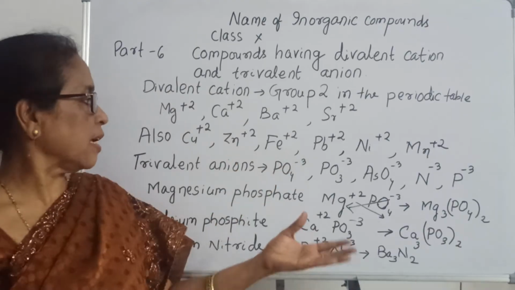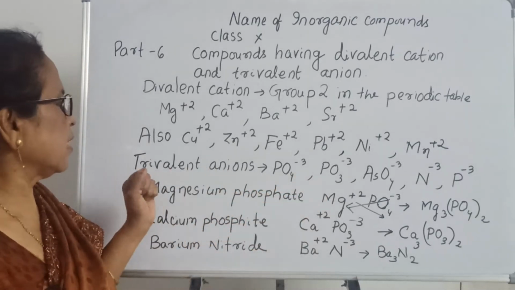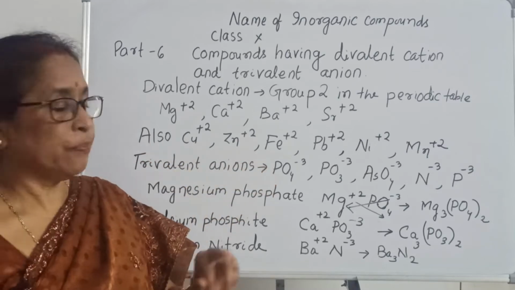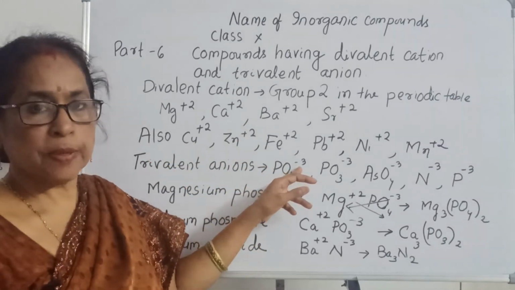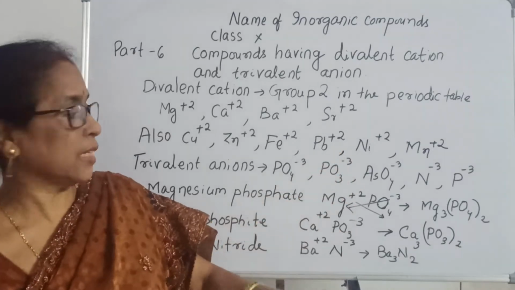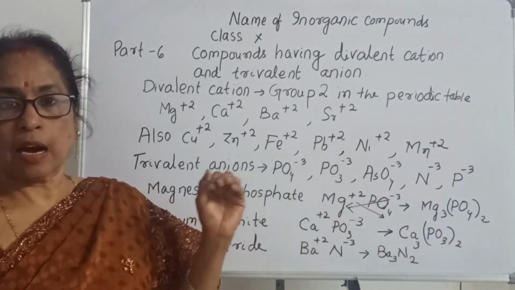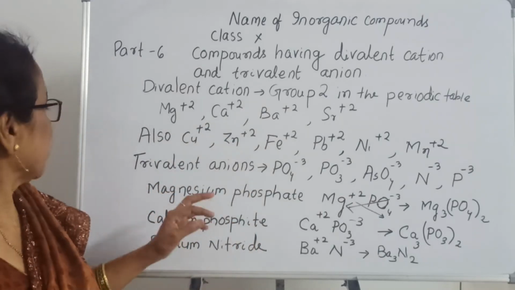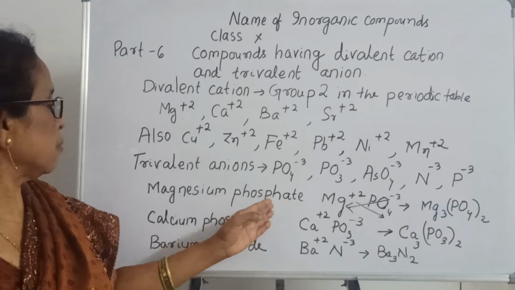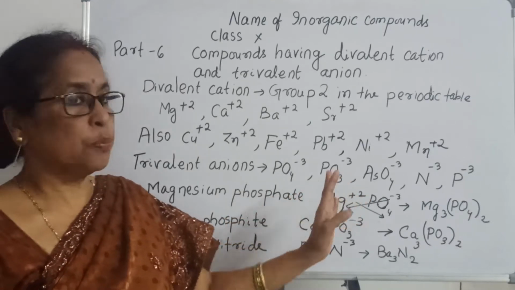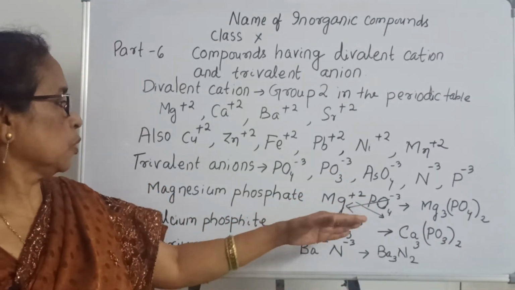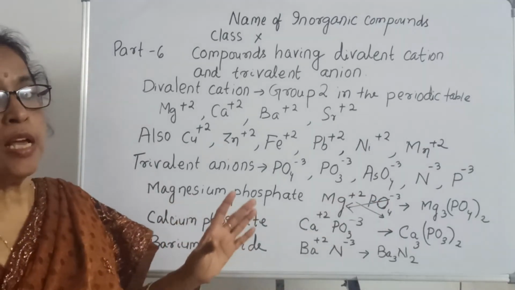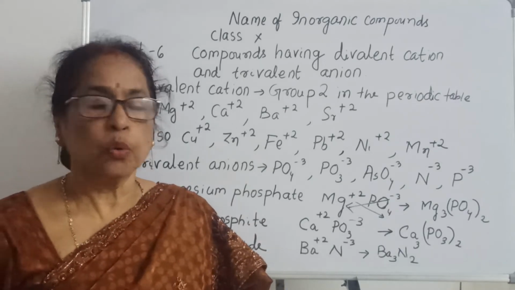What are trivalent anions? Minimum trivalent anions are present. These are the following trivalent anions: PO4 -3 phosphate, PO3 -3 phosphite, AsO4 -3 arsenate, N -3 nitride, P -3 phosphide. Two examples are given: Mg +2 with PO4 -3 gives Mg3(PO4)2.